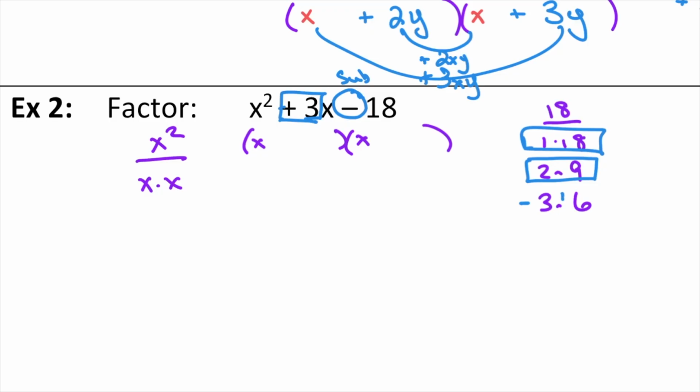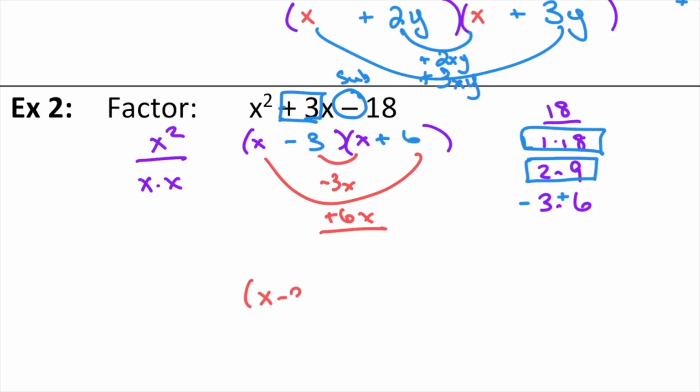Negative 3 plus 6 gives me positive 3. So I have x minus 3 and x plus 6. We're going to check our work. We always check. We get negative 3x, positive 6x. That does give me the 3x that I'm looking for. So my two factors are x minus 3 and x plus 6.